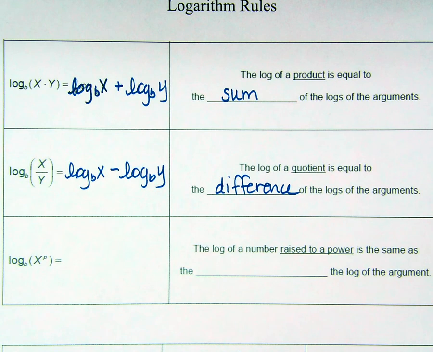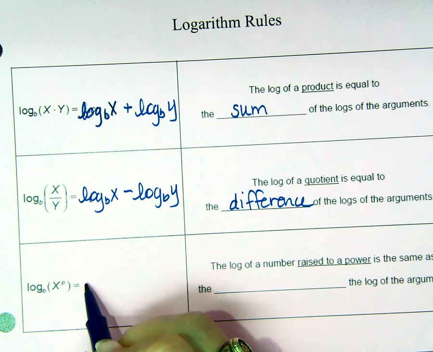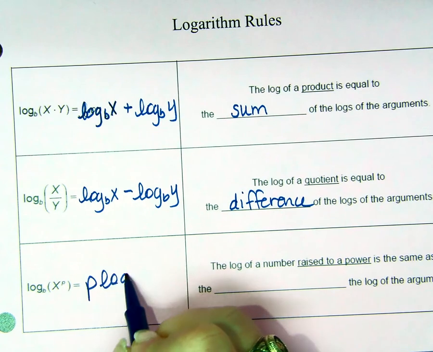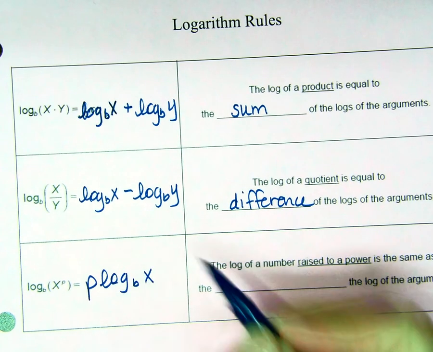So what about here? So you want me to bring the p down front as a multiplier? Is that what you're saying? So p log base b of x.